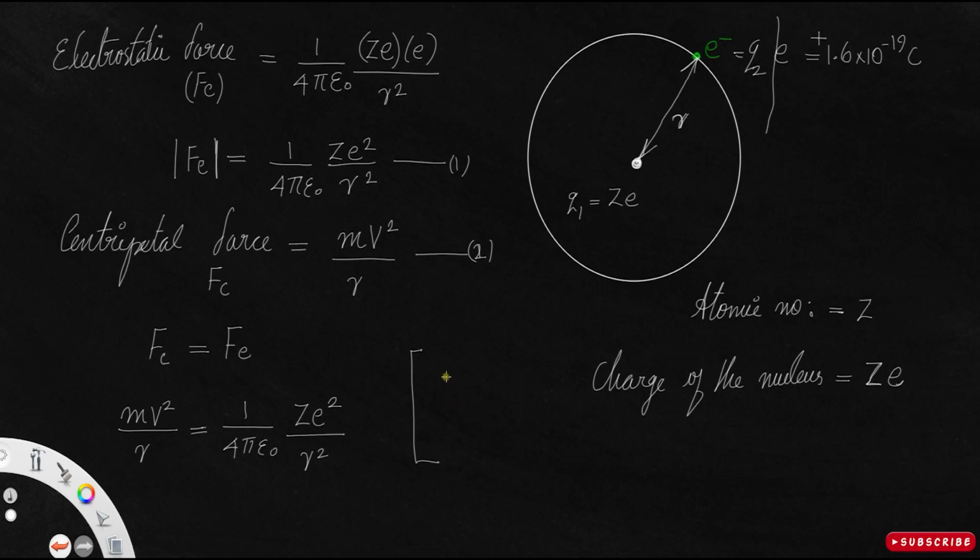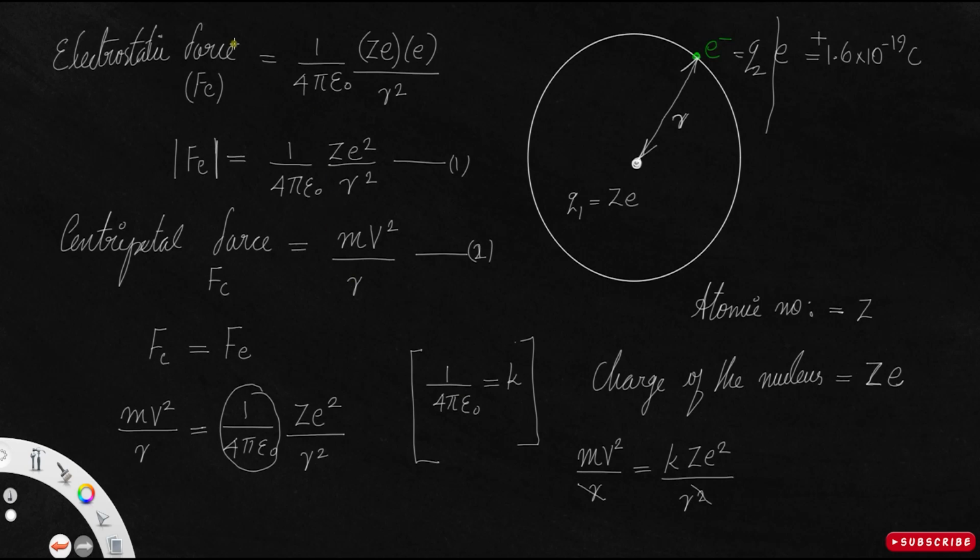For convenience, let's take this 1 by 4 pi epsilon 0 as k, that is the electrostatic force constant. So let me replace this with k. What I'll get is mv square divided by r equal to kZe square divided by r square. I can cancel one of the r's on both sides.